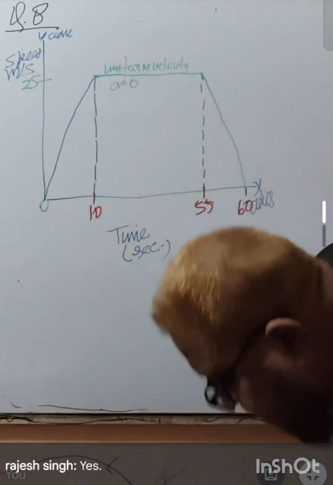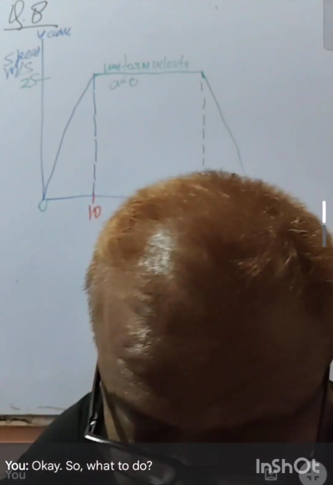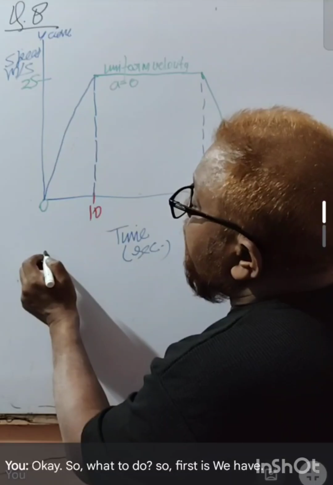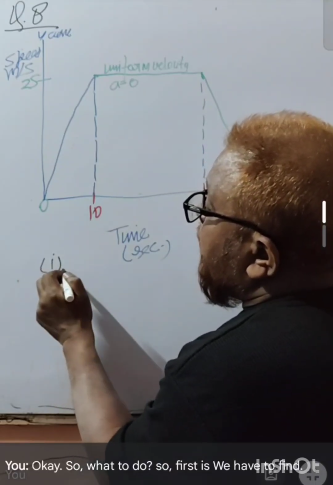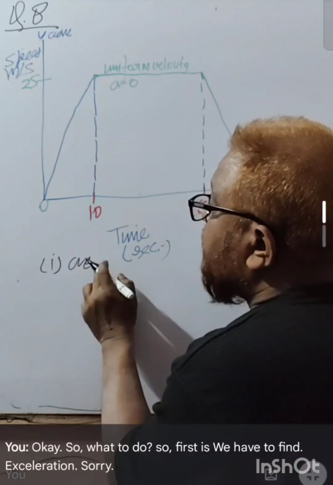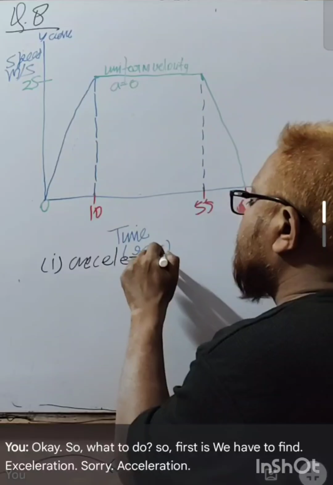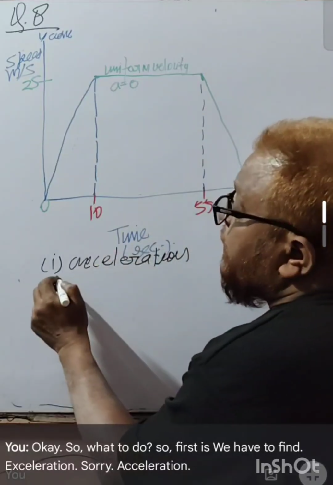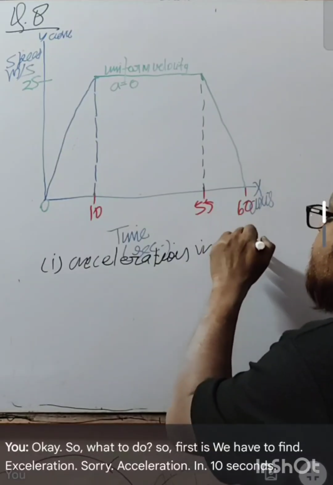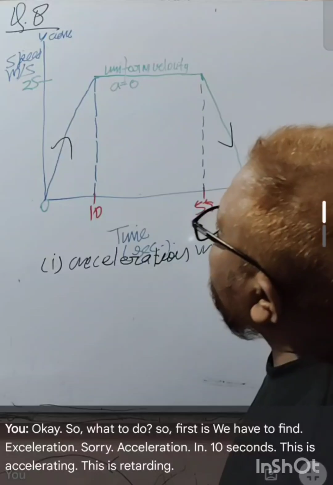Okay, so what to do? First we have to find acceleration in 10 seconds. This is accelerating. This is retarding.